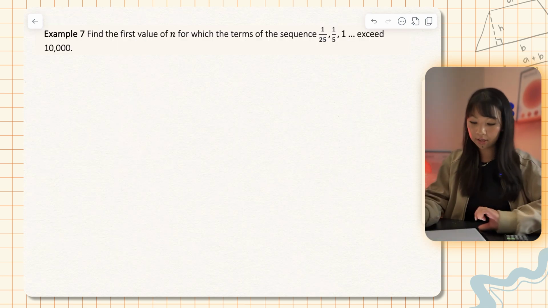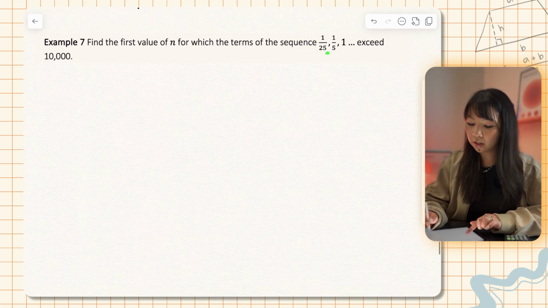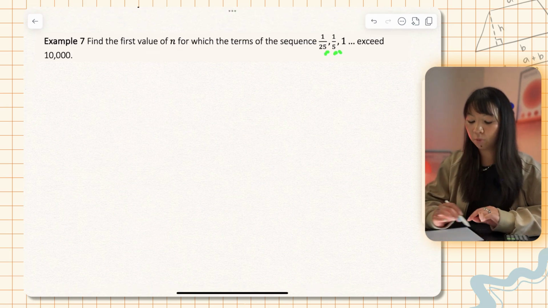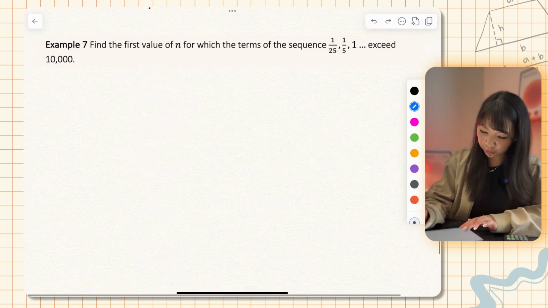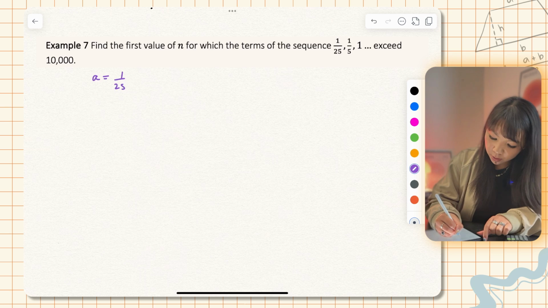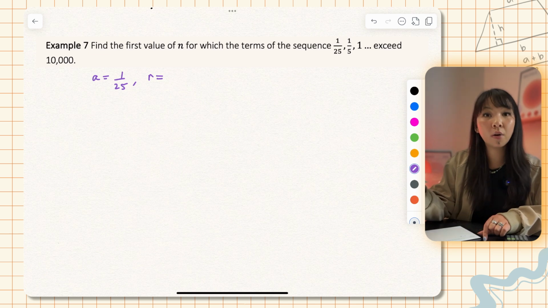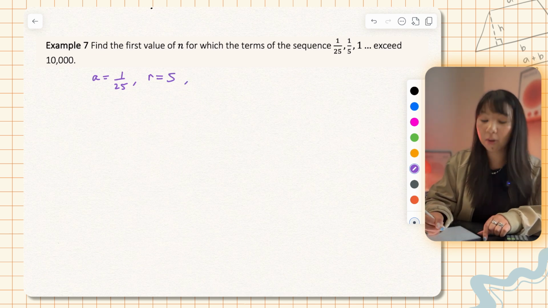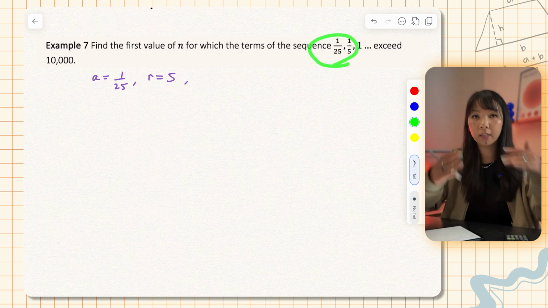Okay, question 7. Find the first value of n for which the terms of the sequence 1 on 25, 1/5, 1 exceed 10,000. Okay, so let's write down what we know. A is 1 on 25. What's our common ratio? To go from 1 on 25 to 1 on 5, I'm timesing by a ratio of 5, which might seem odd because these are small, but they're actually getting bigger.